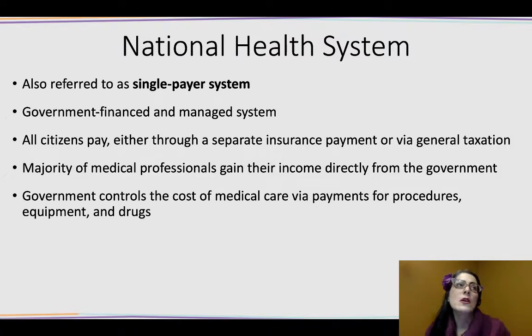And so it's very efficient, right? Those people who need the care go first, based on emergency need and that kind of thing. There tends to be less waste, and it's very popular. People like the NHS in England.